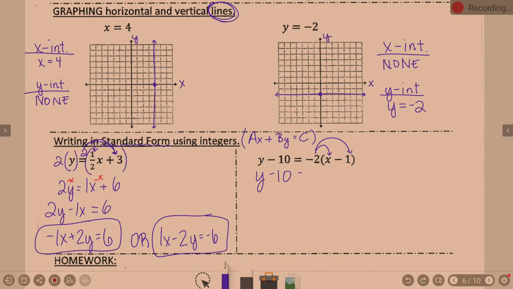So y minus 10 stays y minus 10, equals negative 2x. Negative 2 times x is negative 2x. And negative 2 times minus 1 is plus 2. Negative 2 times a negative 1.